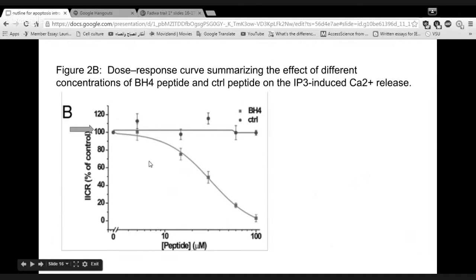At this particular concentration, which is the lowest concentration compared to the others, we can see more influence of the control. As the concentration of peptide increases, the percentage of control starts to decrease. The experiment result was that the BH4 domain is sufficient to inhibit IP3 receptor channel opening in vitro.